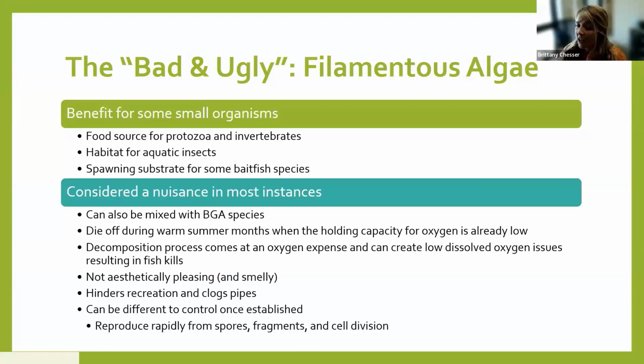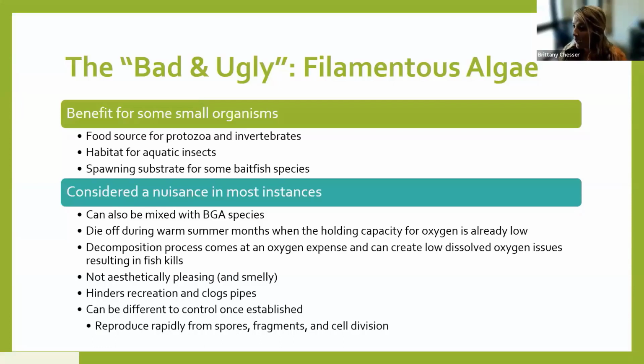But also, it's not aesthetically pleasing. It's pretty smelly if you've ever dealt with it, especially if you've ever raked it out of your pond and put it up against the edges. It hinders recreation. We're talking about boating, swimming, fishing. You don't want to go into your pond and come out looking like a swamp monster.